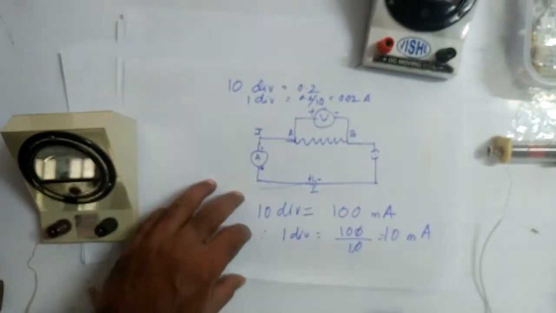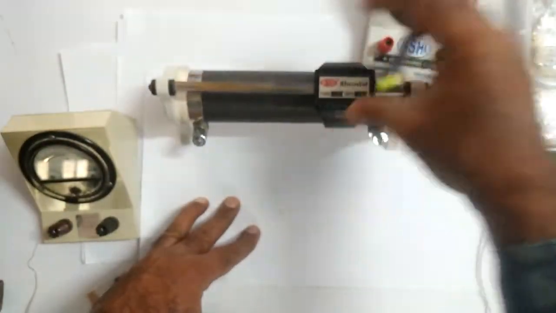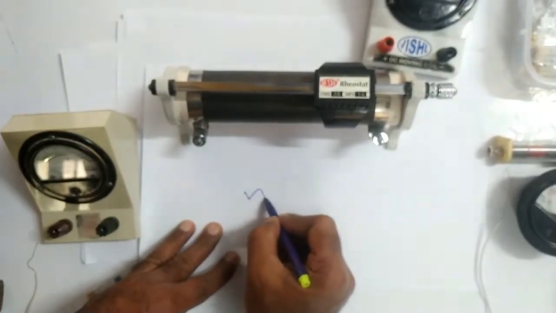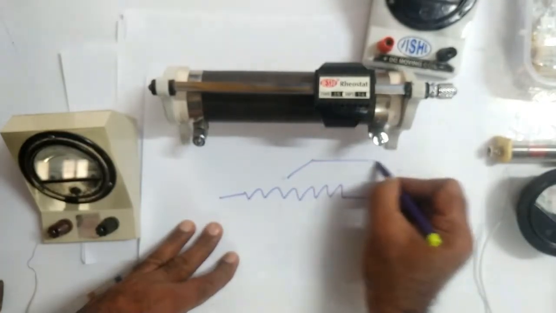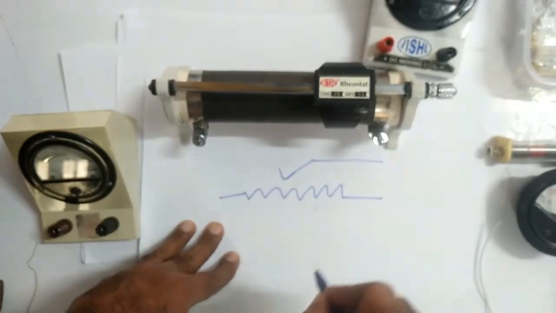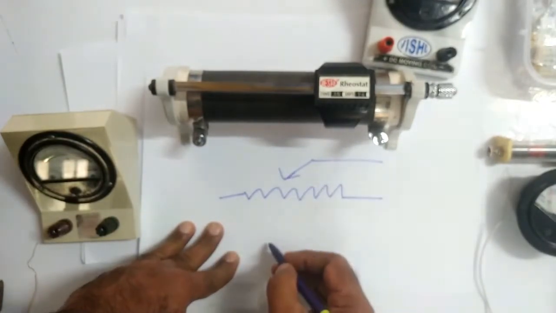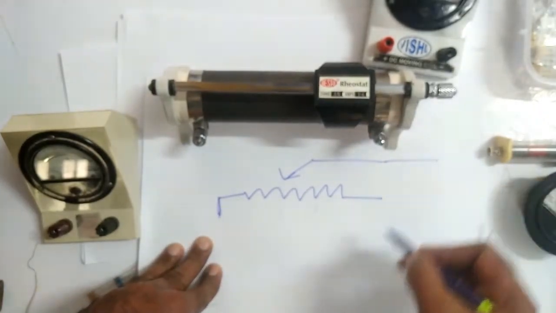Okay? Now coming back to the last one, the rheostat. As I said, the rheostat is given a symbol like this. It's a variable resistance. Right? So how will you connect? One end you have to connect here, another end will be connected here.